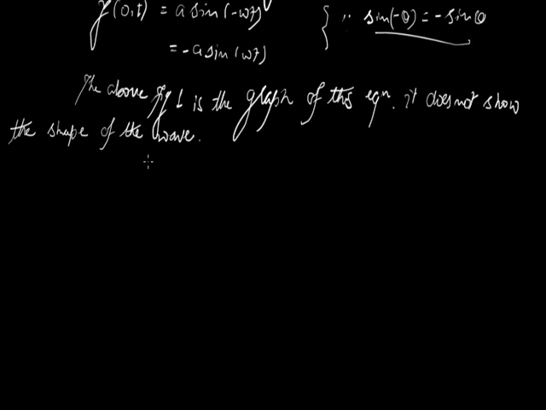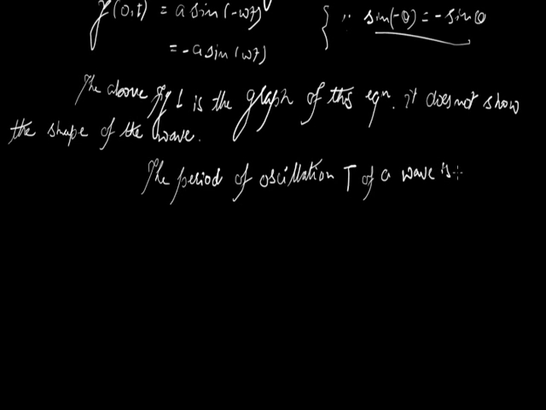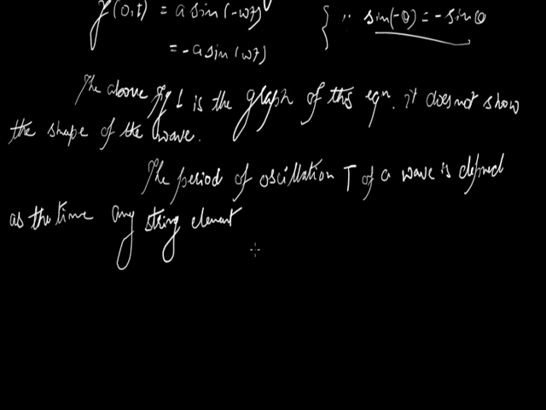The period of oscillation T of a wave is defined as the time any string element takes to move through one complete oscillation.